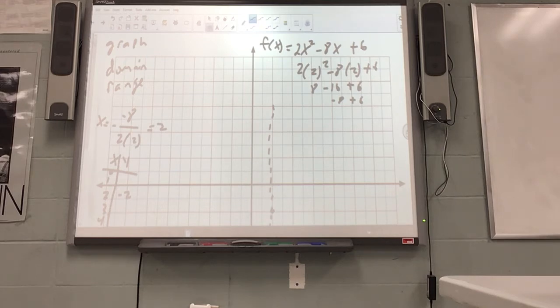All I've done is found the vertex and the axis of symmetry, so just go back and look and make sure you got those right.